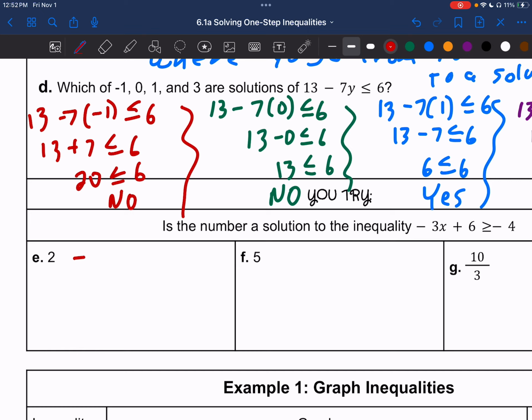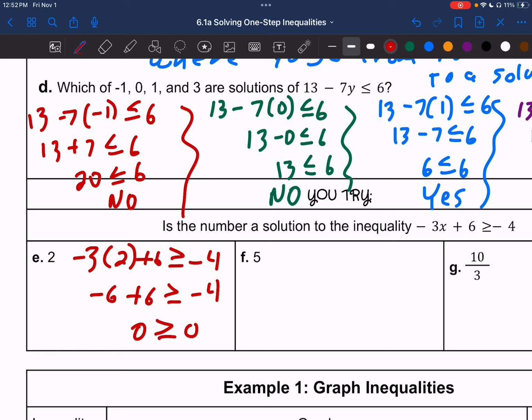So letter E, we have negative 3 times 2 plus 6 is greater than or equal to negative 4. So you have negative 6 plus 6 is greater than or equal to negative 4. So 0 is greater than or equal to negative 4. And that's yes.